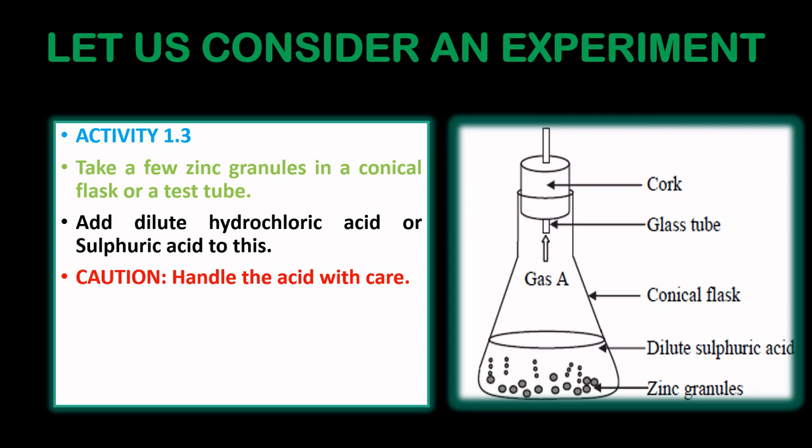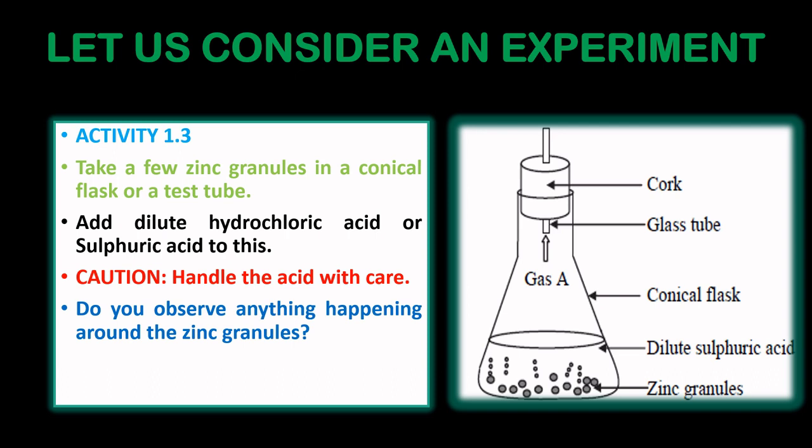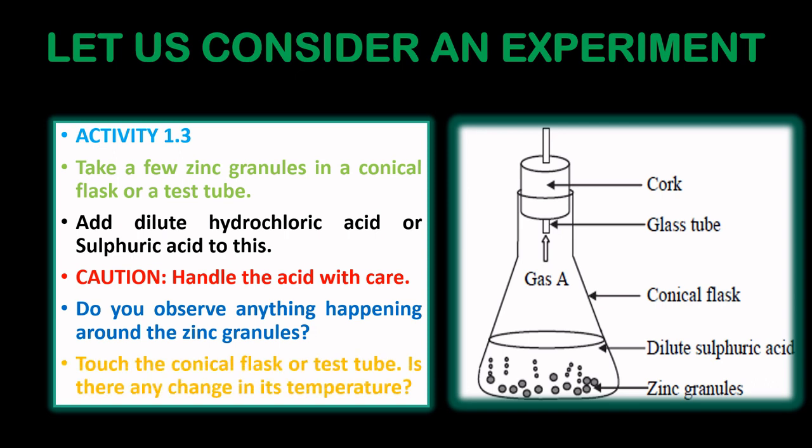We must be very careful while handling acids as they are dangerous, and when they spill on our body parts, they may cause injuries. Do you observe anything happening around the zinc granules? Then touch the conical flask or the test tube. Is there any change in its temperature?